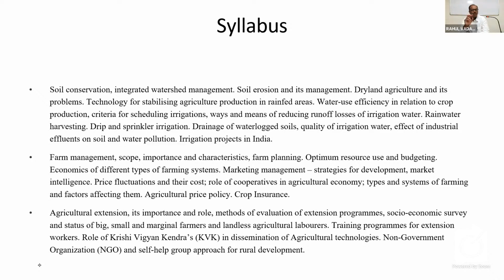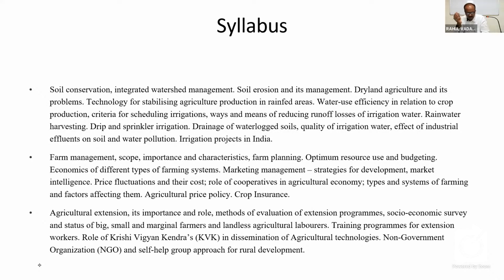These are important. Next, take the data from the ICAR website, the Ministry of Agriculture, and Kurukshetra, and make notes of it. Those are the things you have to work on.